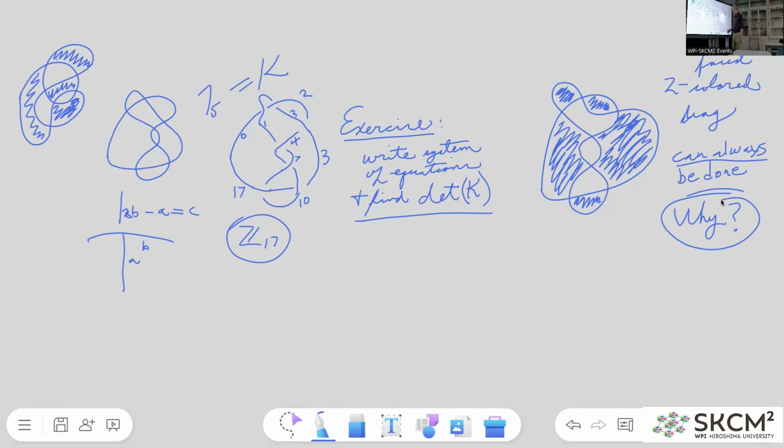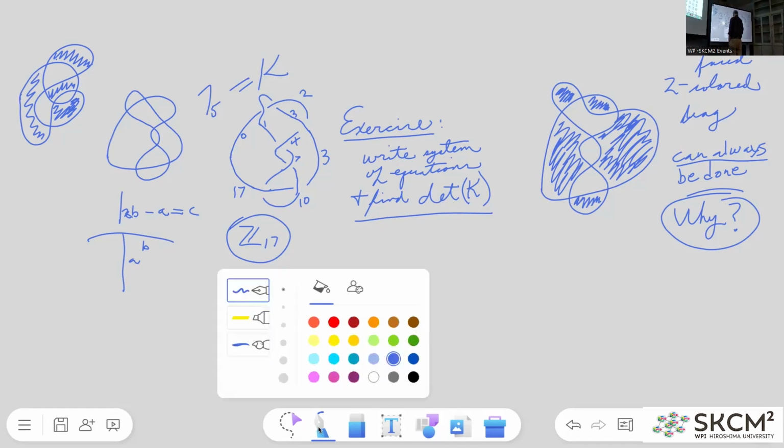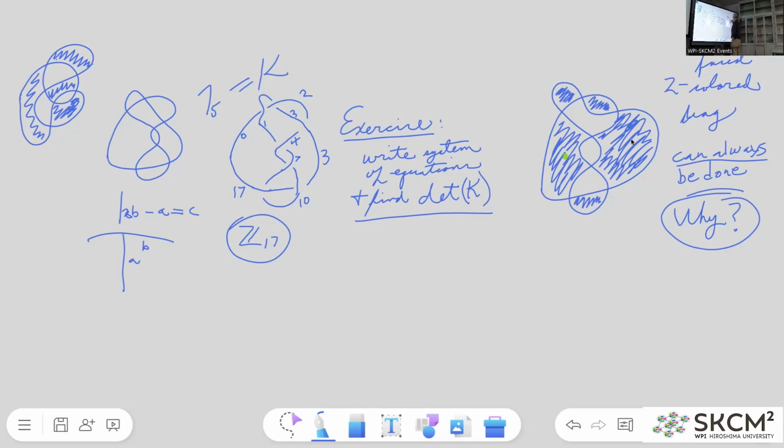But now, given that that can be done, you can do a little more graphical thing. Let me see now. Let's get another color. How about green? And I'm going to put a vertex in each of the shaded regions like that.